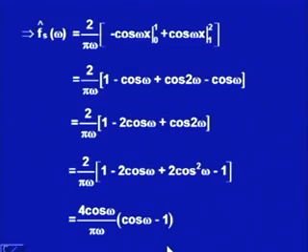So today we had to learn how to represent any function which is not periodic as a Fourier integral, that is, the representation of a function as a Fourier integral.